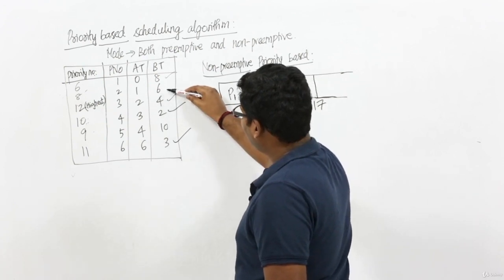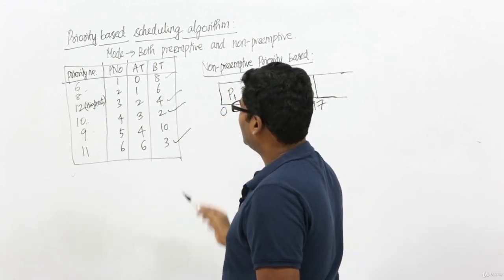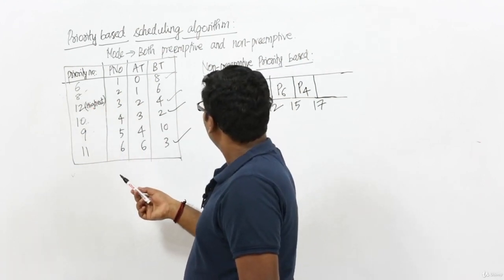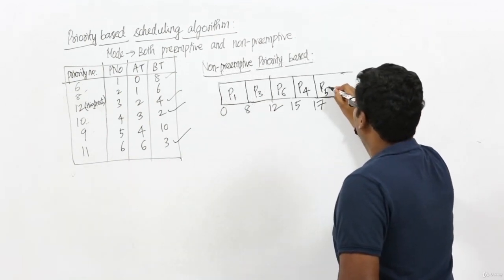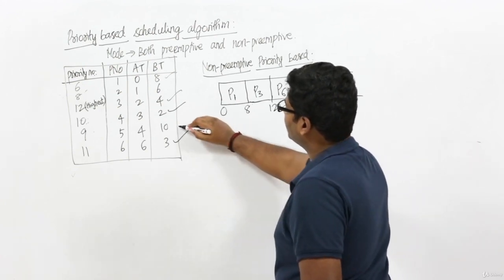Now among these two processes, the process with the highest priority is P5 because 9 is greater than 8. So P5 will be scheduled and it will continue till 27.